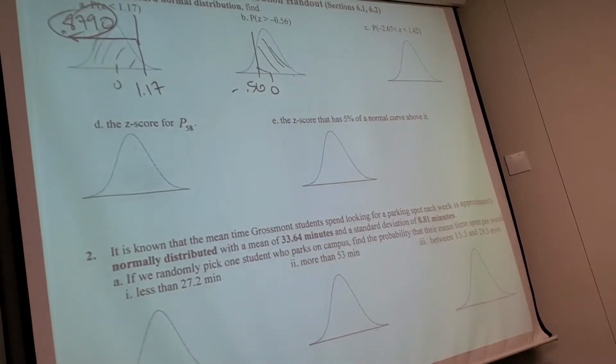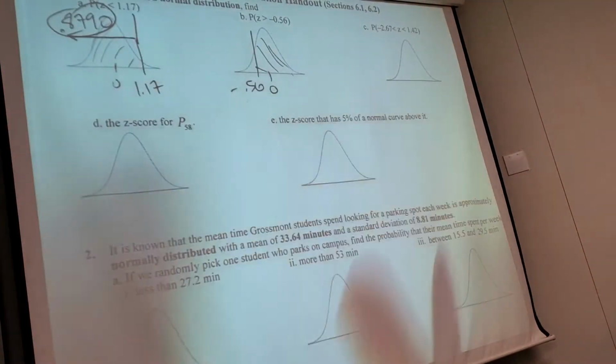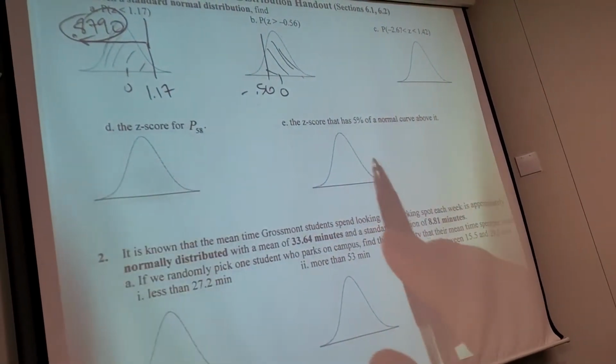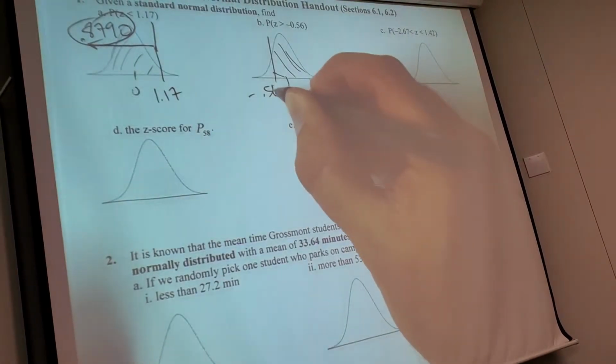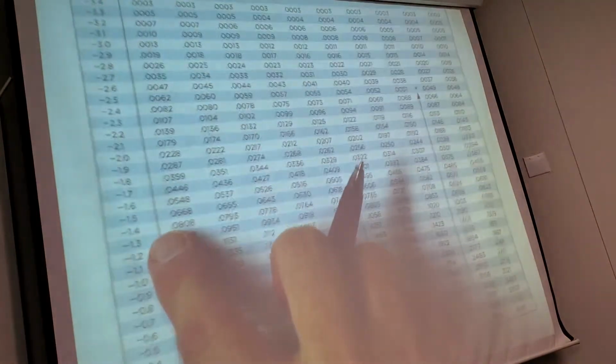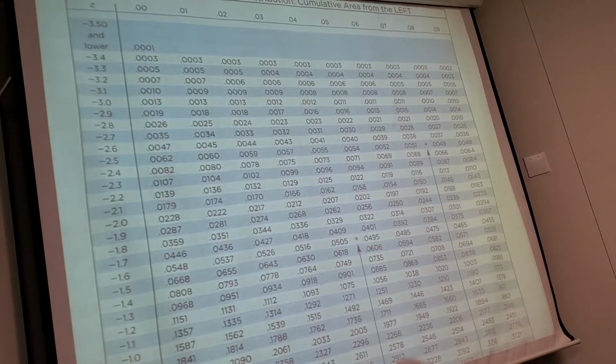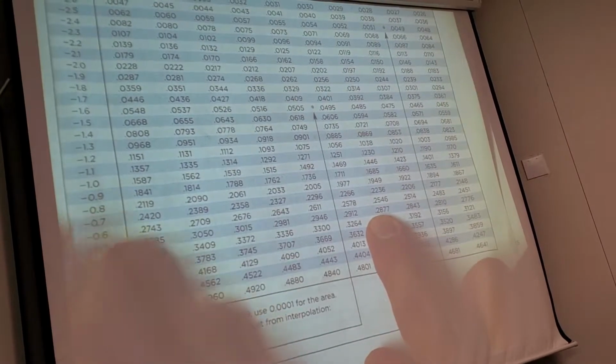The people that don't draw a picture are going to do this. I have to look up what? Negative 0.56. Where's 6? There you are. 0.2877.